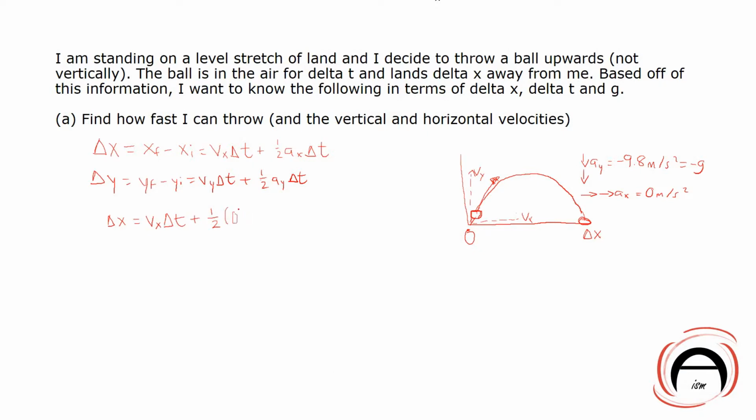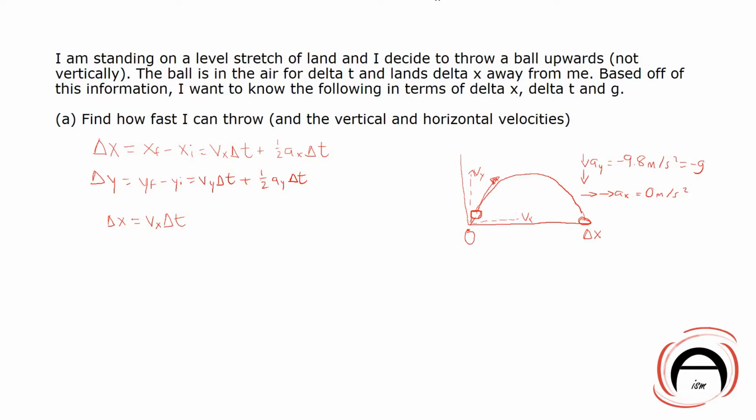And then we're just going to have 0 times delta t squared. So that just eliminates this entire thing. So we don't need any of this. And we know that our delta x, which is just going to be how far the ball traveled, is going to be equal to our velocity in the x direction times delta t.